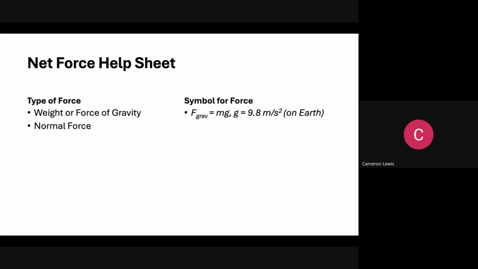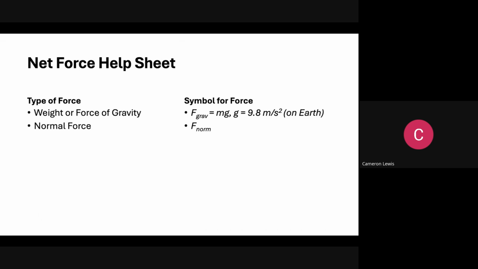But yes, now we have normal force. Normal force is represented like this. There's not any particular equation for normal force. If it's something on a desk, it would just be equal to whatever that force due to gravity is. If I have this water bottle, it has a certain amount of weight, it weighs something.